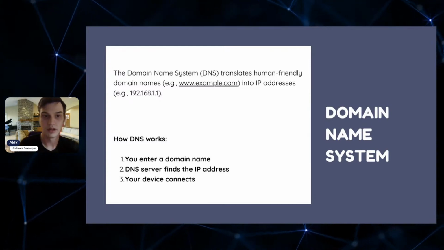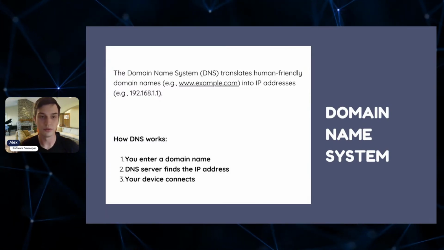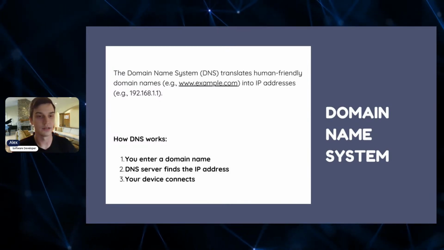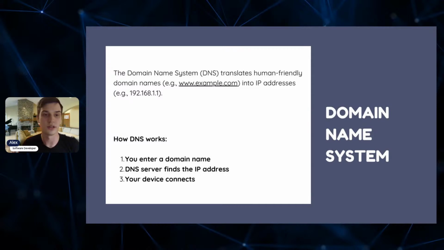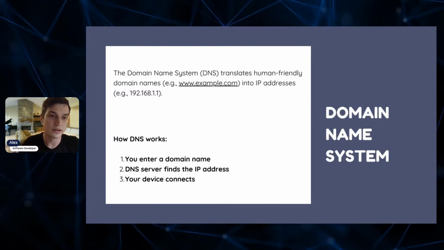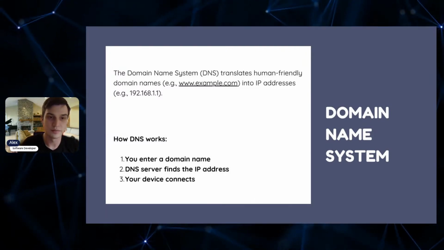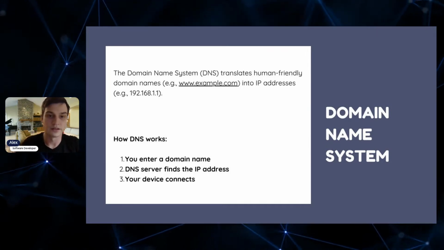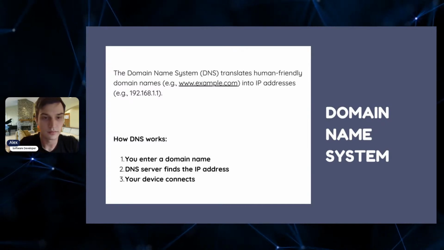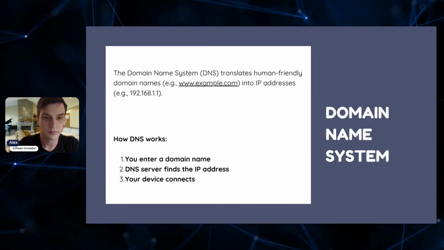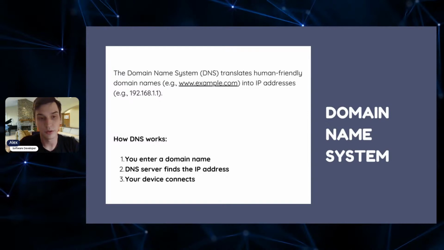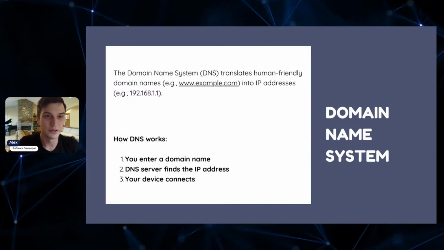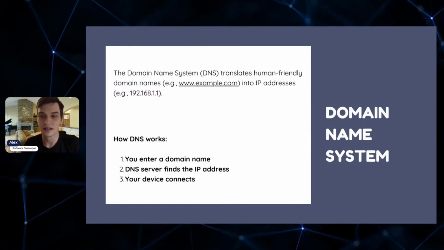Somehow providers know who it is, because they are DNS servers. They have this information. They have databases of domain names. They find an IP address of a server, and then you can connect your device to the server and watch your favorite video or something like that.